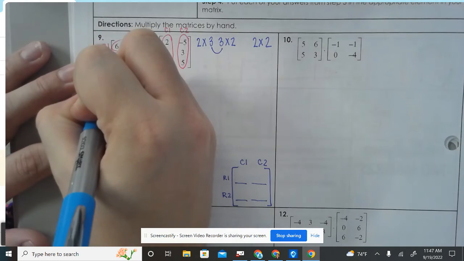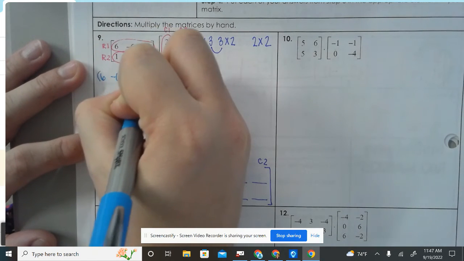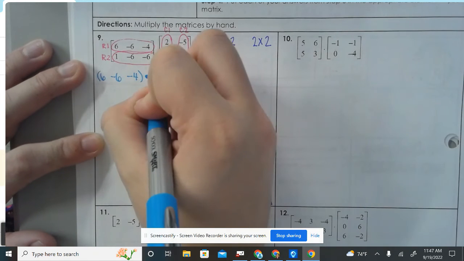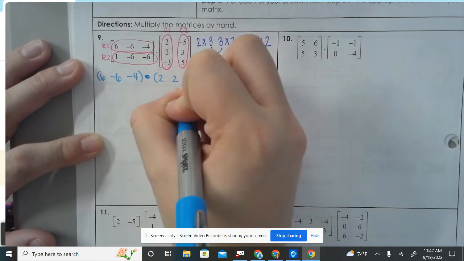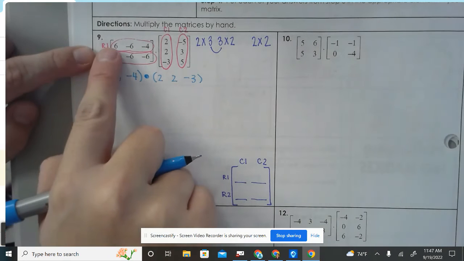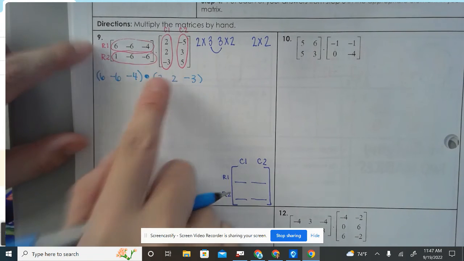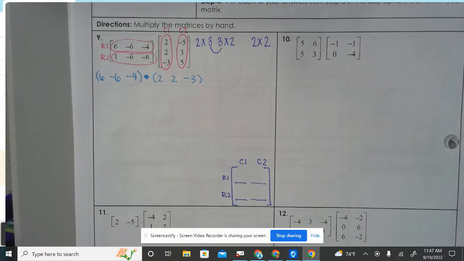So I'm going to do the dot product between 6, -6, -4, and 2, 2, -3. So I took my first row and that first column.